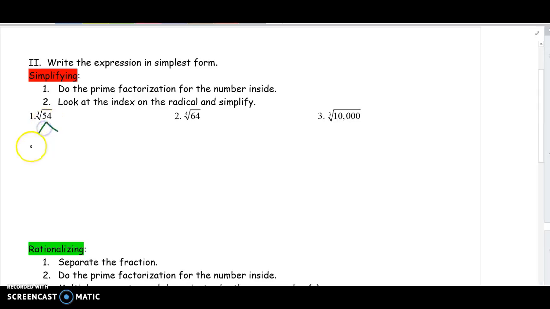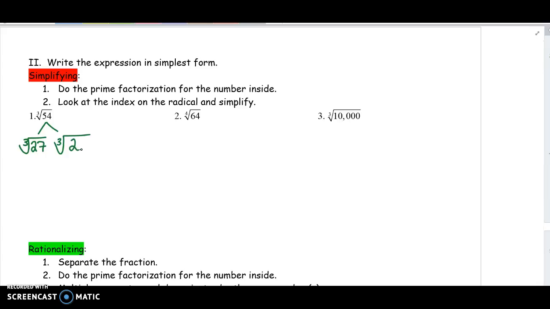So here's what we're going to try to do. We are going to break up 54 into a number that is on the perfects chart times something else. So look at the numbers smaller than 54. Could you do 27 times something to get 54? 27 times 2 is 54.